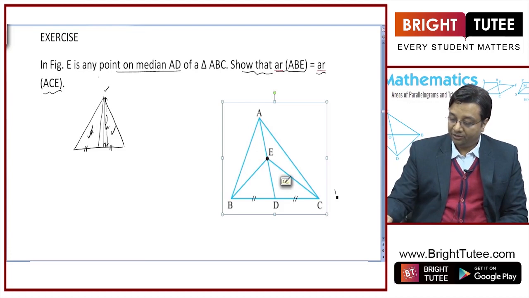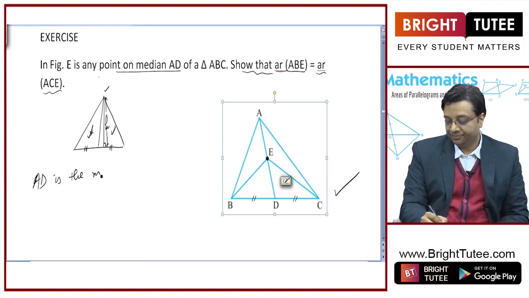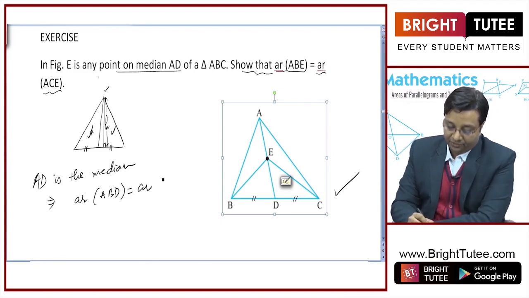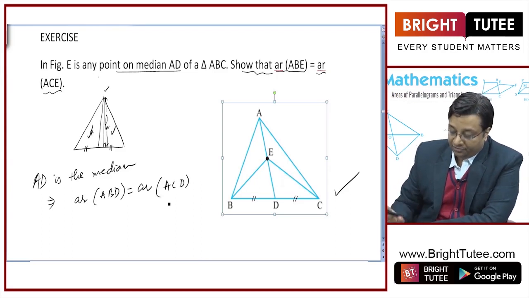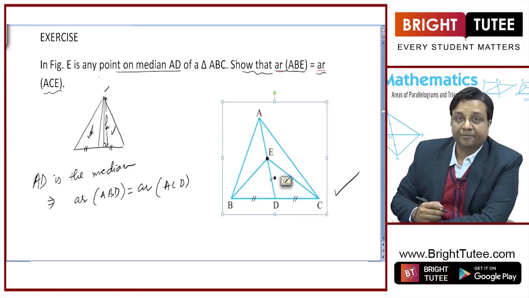Similarly, in this particular figure, AD is the median, so we will write: AD is the median, hence area of triangle ABD is equal to area of triangle ACD. And now, once you say this, you can look at this segment ED.